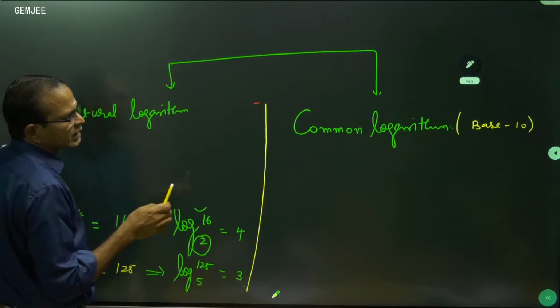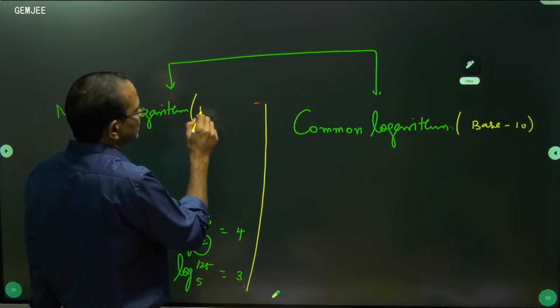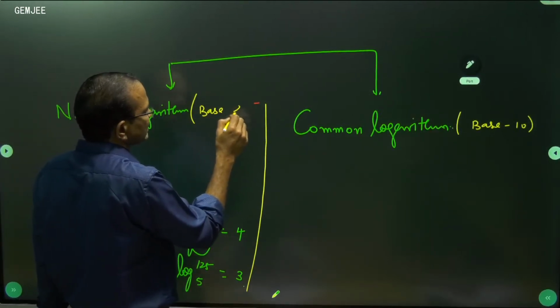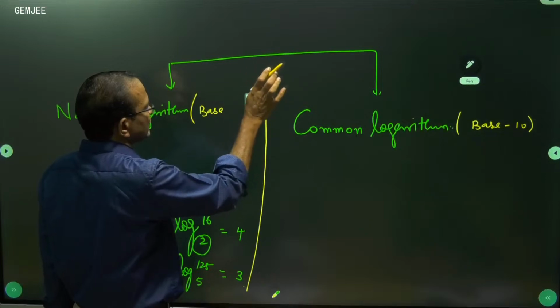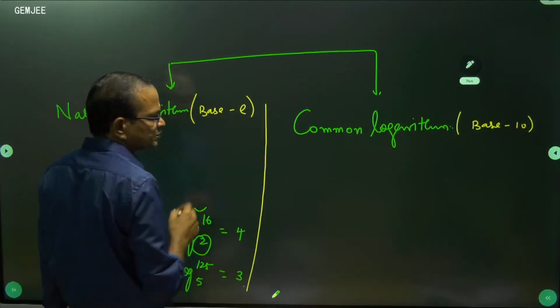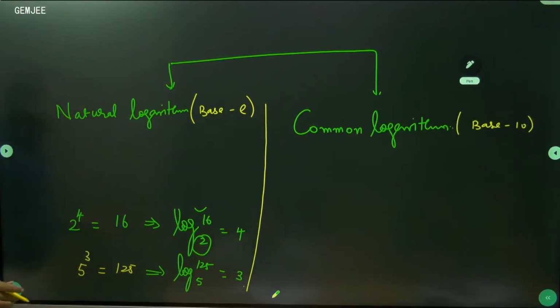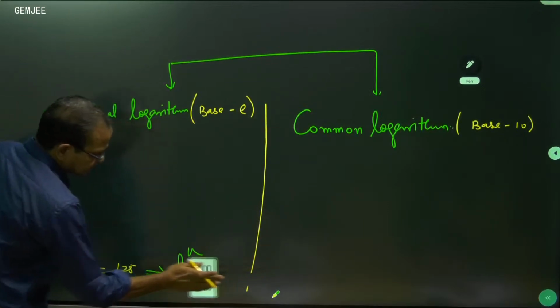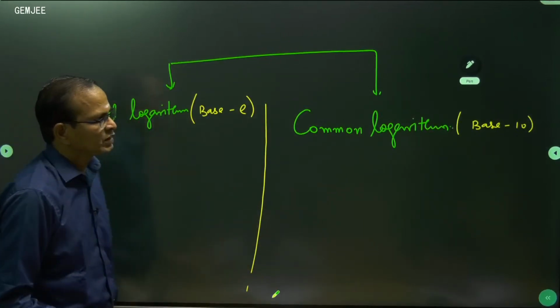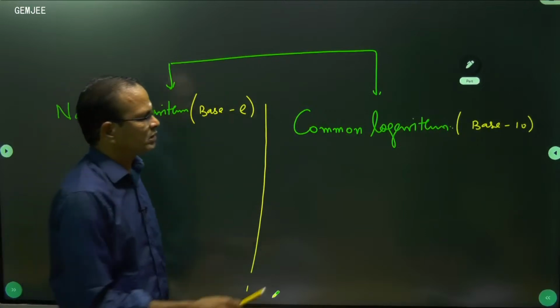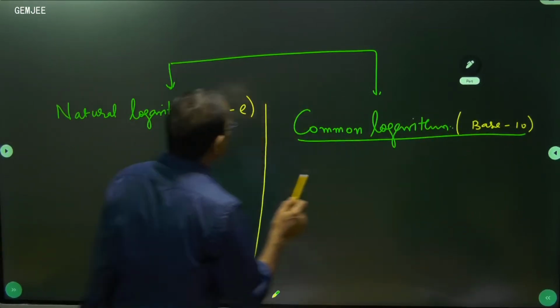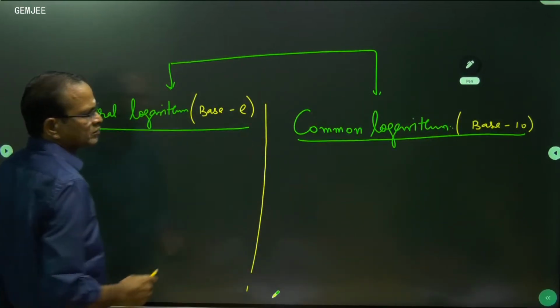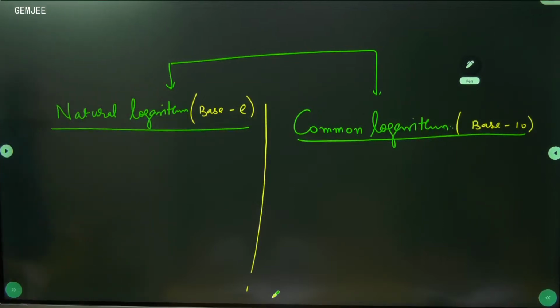What is that? Base E. Natural logarithm, base E. Common logarithm, natural logarithm. What is common logarithm? Base 10.